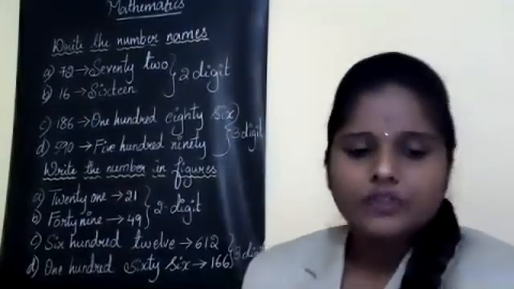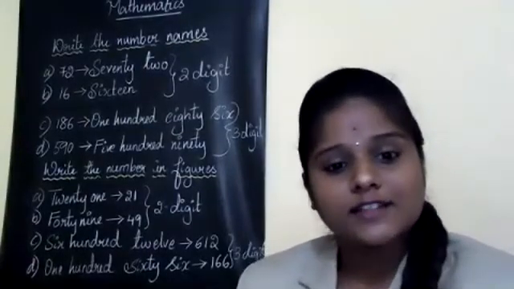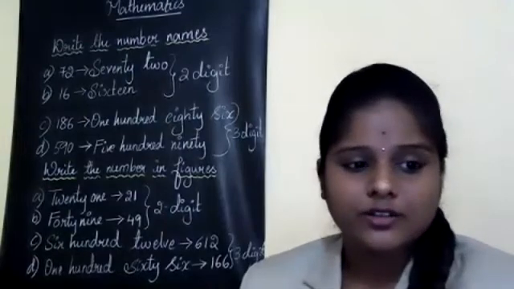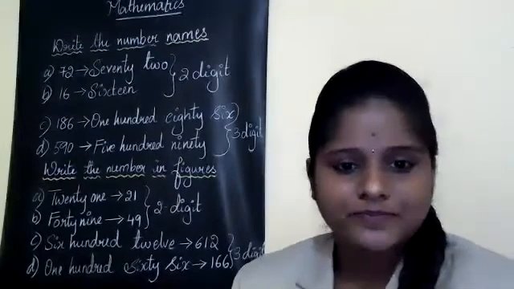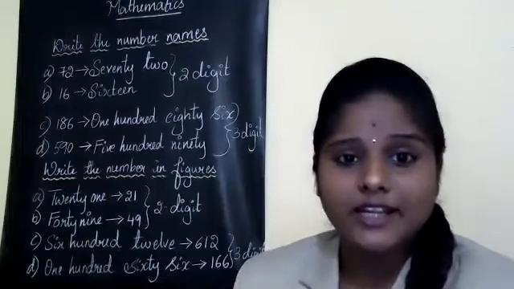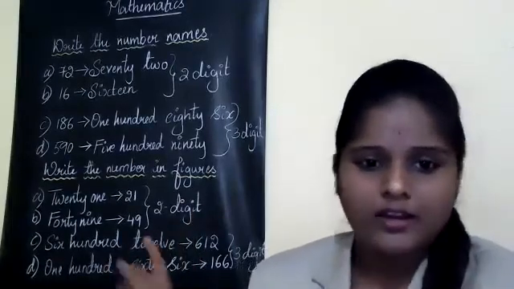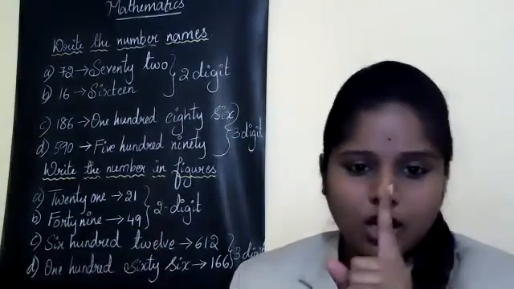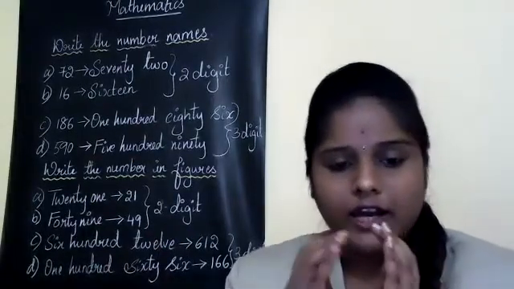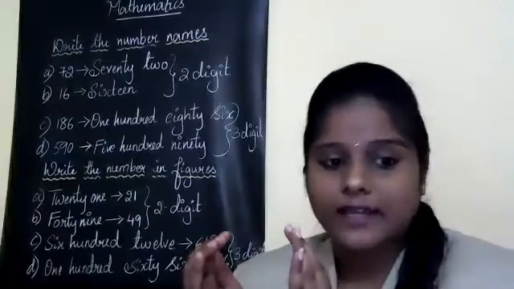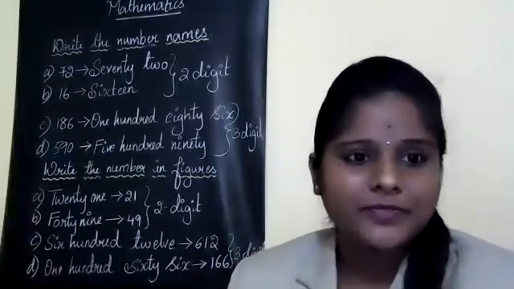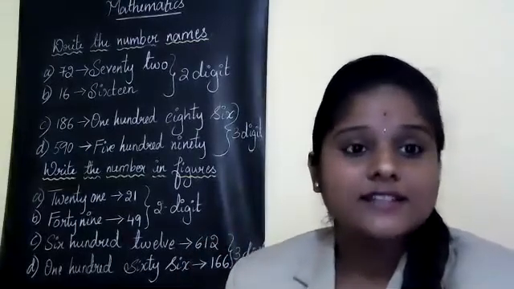166. So how to write this 166 in numbers? How many hundreds? 1. Write the number 1. Okay. After 100, what is the next part remaining in the question? 66.